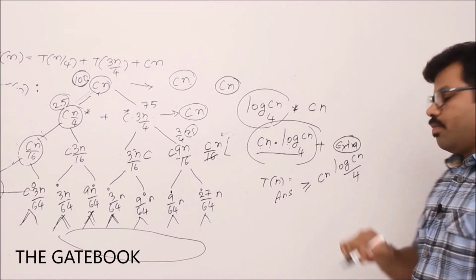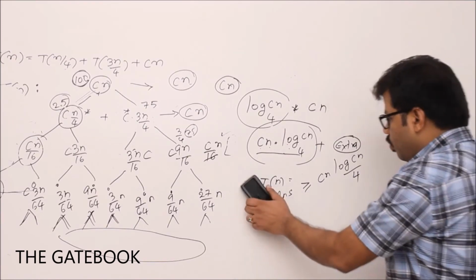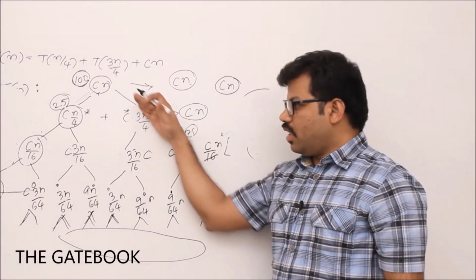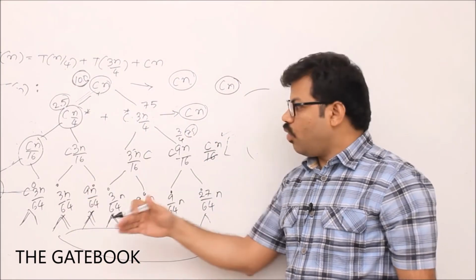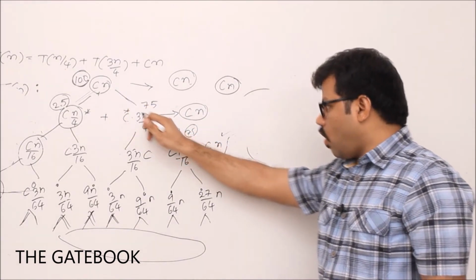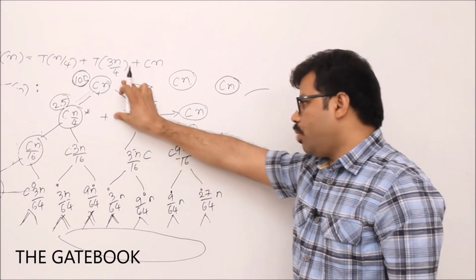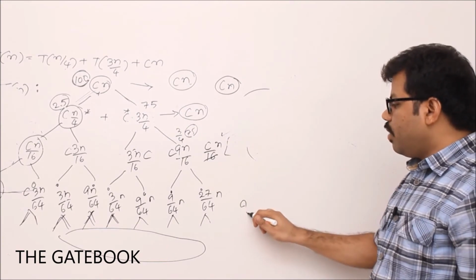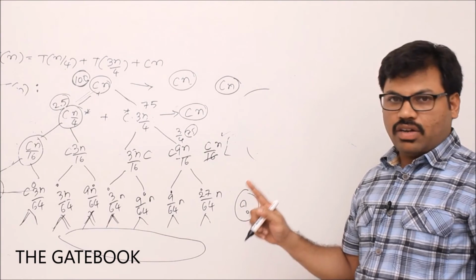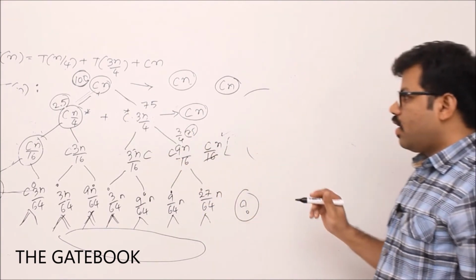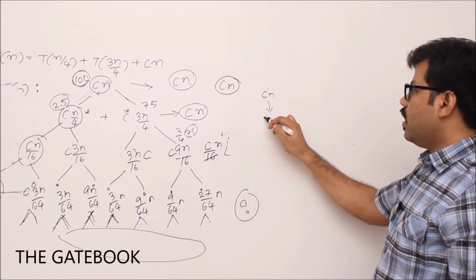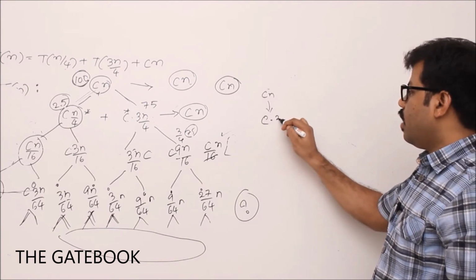Remember it. Now if I assume every level is 3n by 4, that means nothing is terminating, then what happens? Let's say this is the longest path, but it is going to be terminated after some time. When it will be terminated, we'll see. I am calculating the length of the longest path. Initially you started at Cn, which becomes C into 3n by 4.